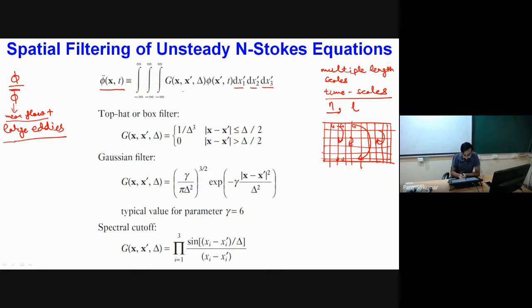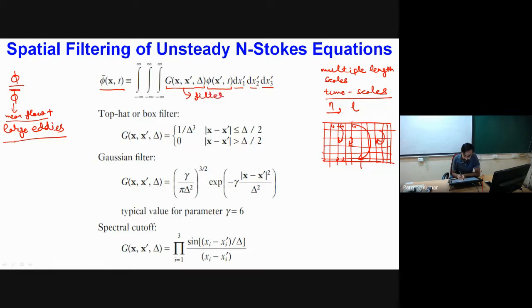Then we have the instantaneous parameter phi, and before that a pre-multiplier g of x comma x dash comma delta.